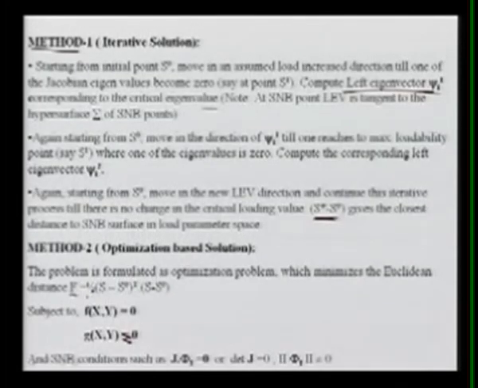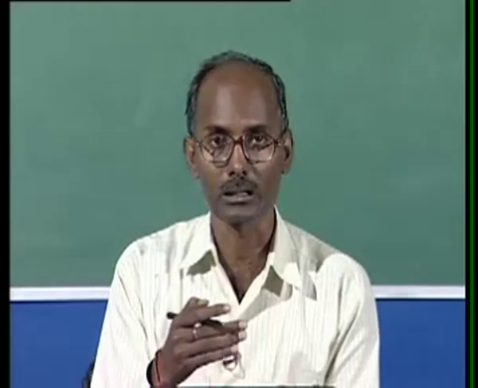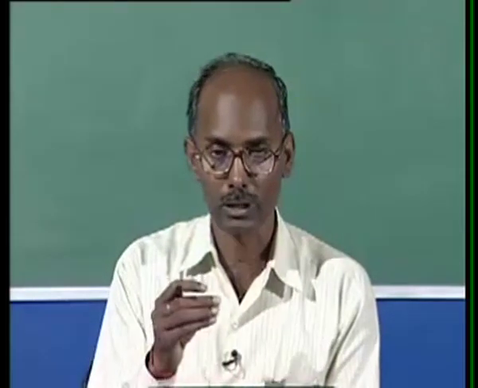So here your objective function is a scalar objective function f, which is the difference between your s, which we are going to find out, minus s naught, where this was your initial operating point. So here it is a transpose one. Here s is the vector on all the buses, that is s1, s2, s3 and so on.